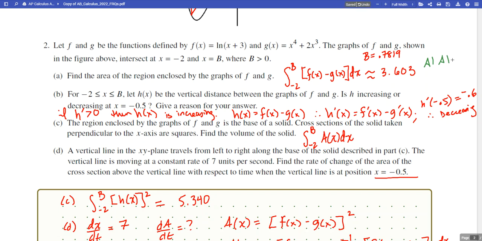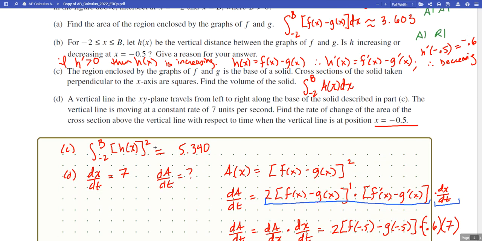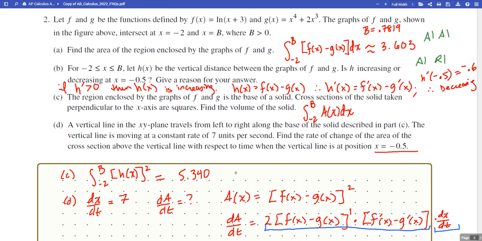Increasing or decreasing, give reasoning: I imagine finding the right value and getting the correct reasoning. Region enclosed, base of a solid, cross sections perpendicular: I imagine this one is setup and our answer.